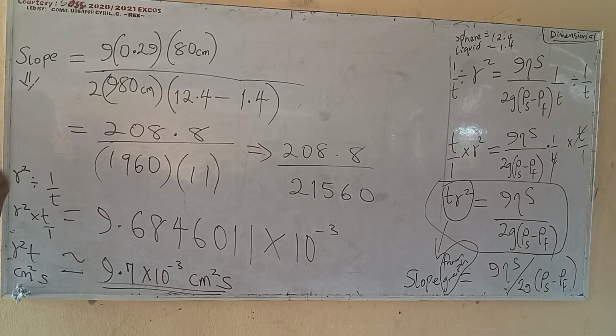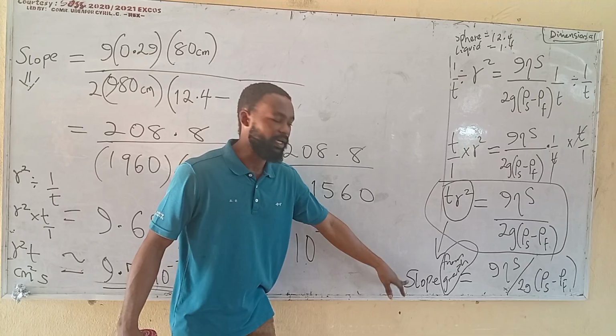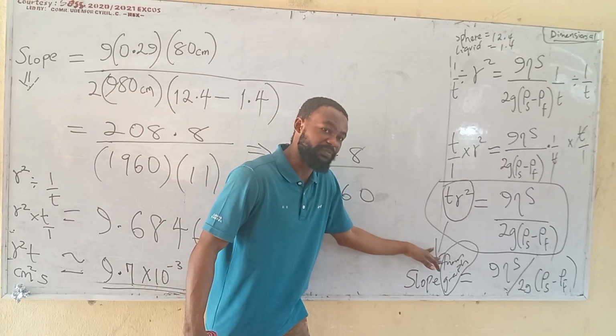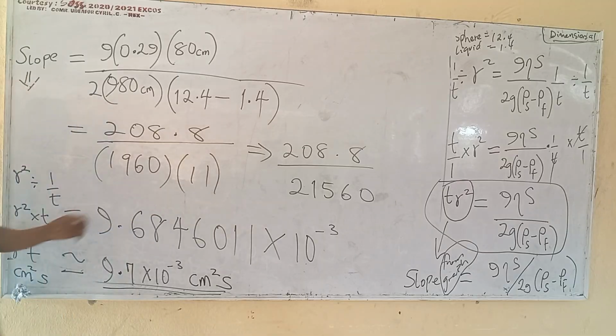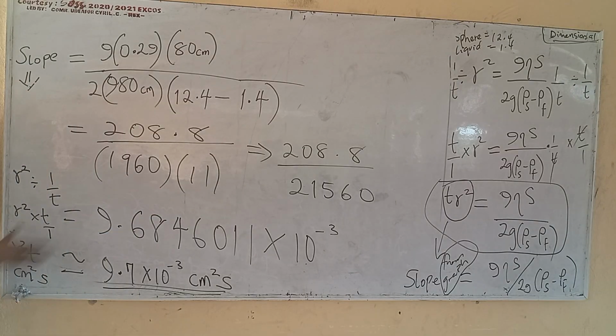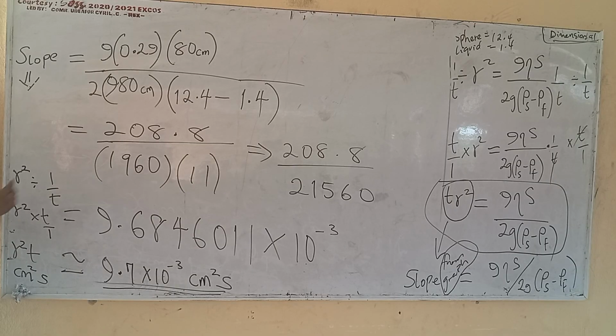I said that you don't have to go home and start, maybe, putting your slope from the graph here and using it to interchange. What it means is that by the time I finish everything on this part, it should equal this side, and this side is the slope I got from my graph.